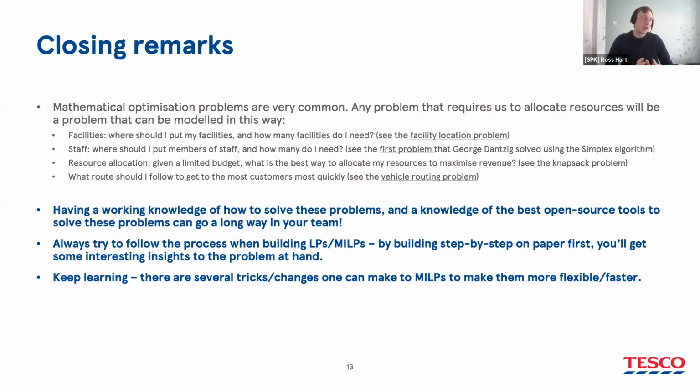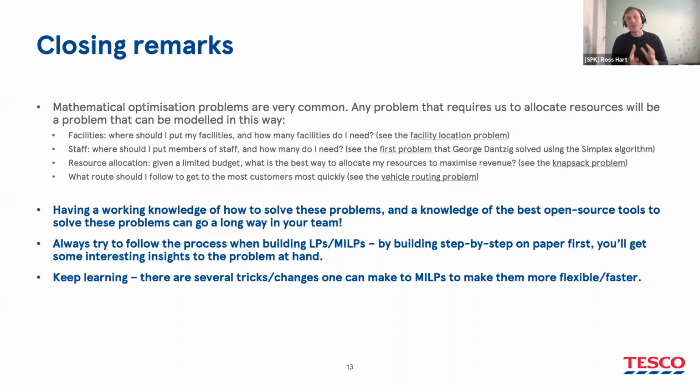So some classic optimization problems that you might see include things like facilities. This is an interesting one for us as a supermarket, because it's where should I put my facilities to best serve my customers? So this is a classic problem that's called the facility location problem. Staffing, where should I put members of staff and how many do I need?